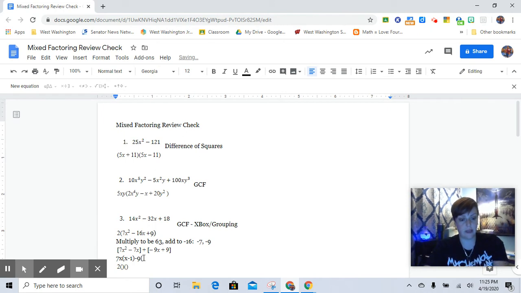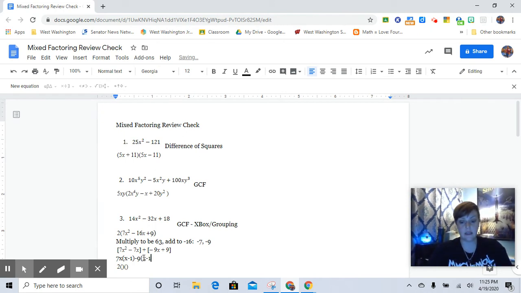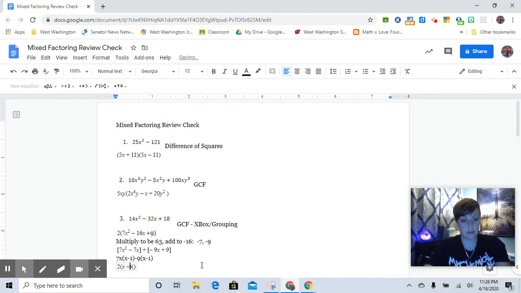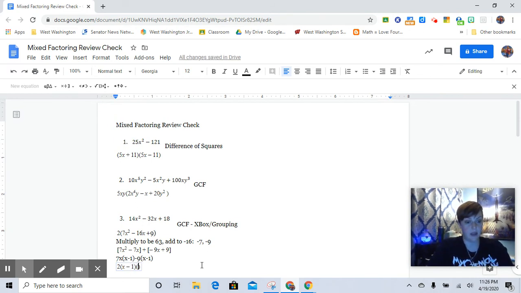And then we will have x minus 1. The reason that this is going to be x minus 1, even though there's a plus sign here, is because 9 divided by negative 9 is negative 1. So my 2 terms are going to be, see it twice, write it once, x minus 1. And then the other one, if I slash that out, I'm left with 7x minus 9. And you see how that 2 stayed out in front. That's because that's the GCF from the very beginning.